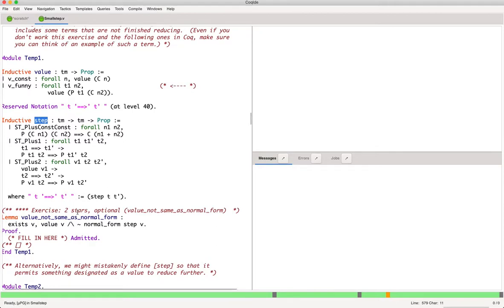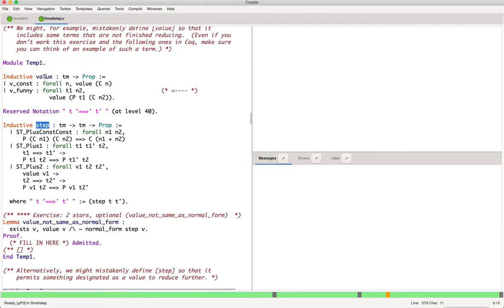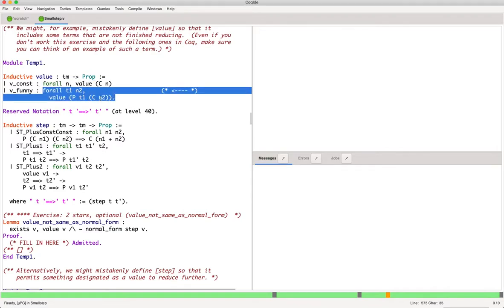Does this value, normal form relationship actually hold? So what's this one about? Well, this one is about a notion of value that includes the constants, but it also includes any plus that has a value on a constant on the right-hand side. So this is kind of a bogus definition.